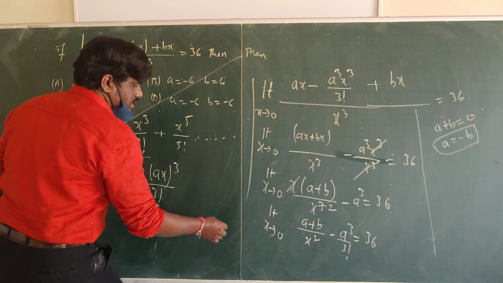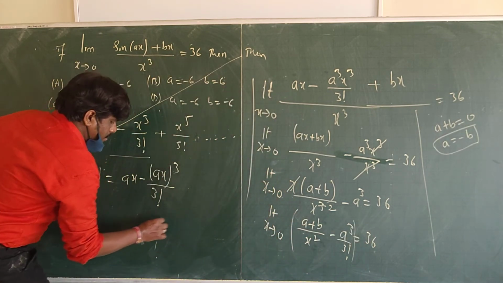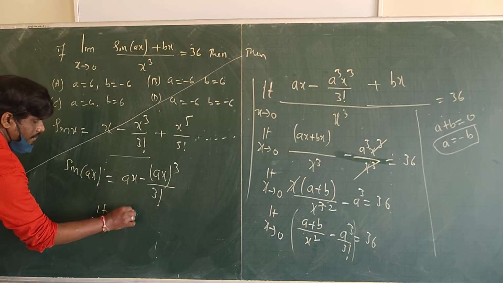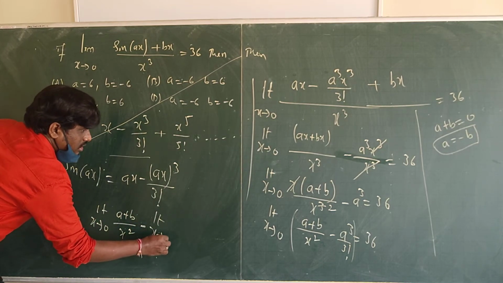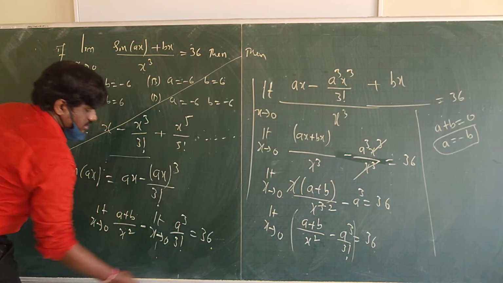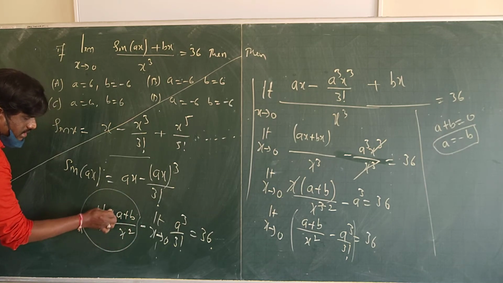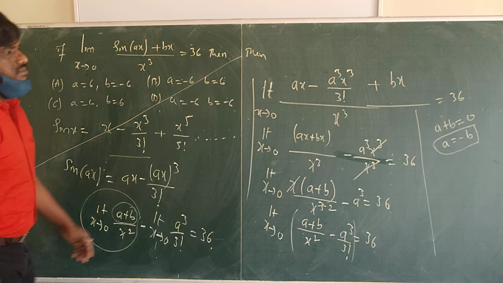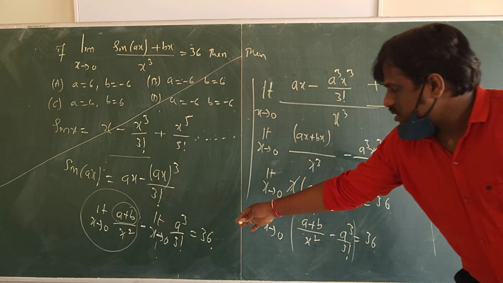What happens with limits? This whole limit will separate. That means limit x tends to 0 (a plus b) upon x square, minus limit x tends to 0 a cube by 3 factorial, is equal to 36. So what did we do? When will this exist? This will exist when it is possible, if a plus b is equal to 0. So that's why we took a plus b is equal to 0. That's why you got a is equal to minus b. And from here we can find the a value.